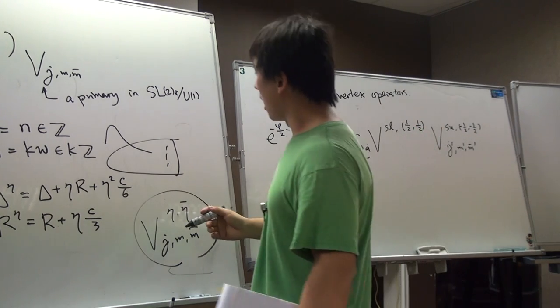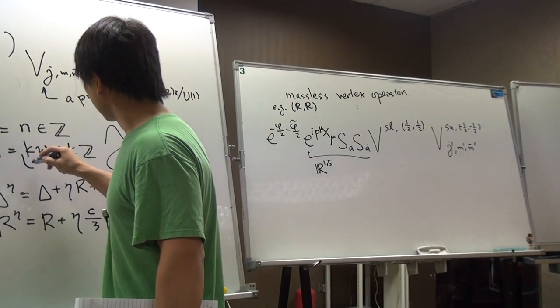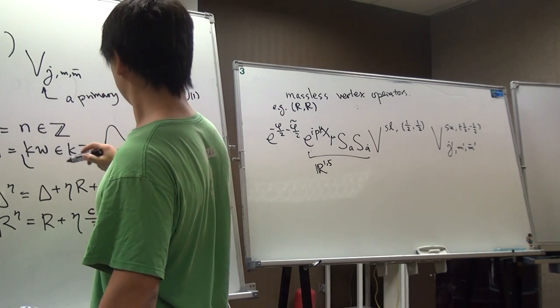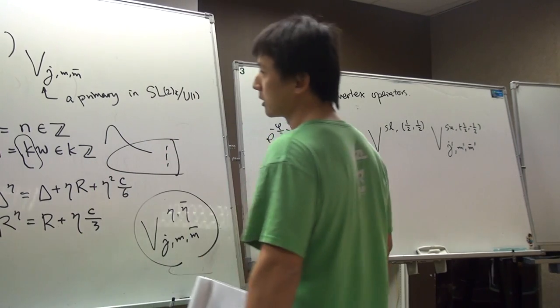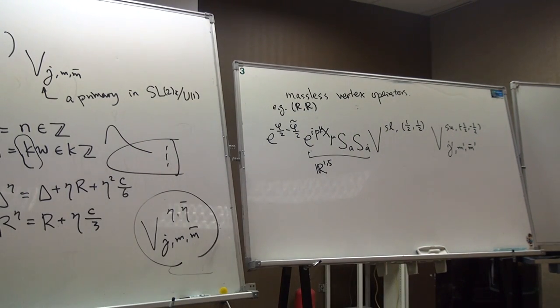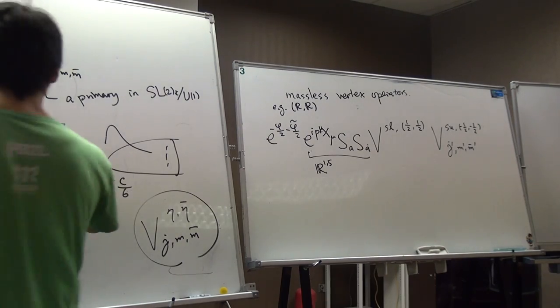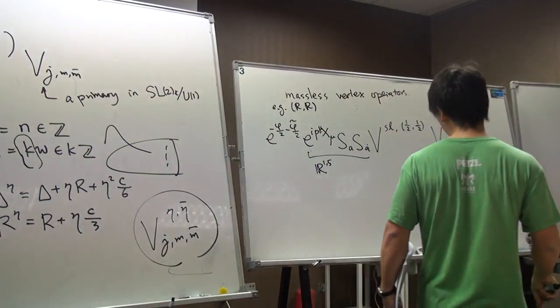By the way, when I say that the winding number n plus n bar is a multiple of k, that was before the Z_k orbifold. So after the Z_k orbifold, if you look at the Z_k twisted sector, this restriction is relaxed, and this n plus n bar can be any integer, not necessarily a multiple of k.